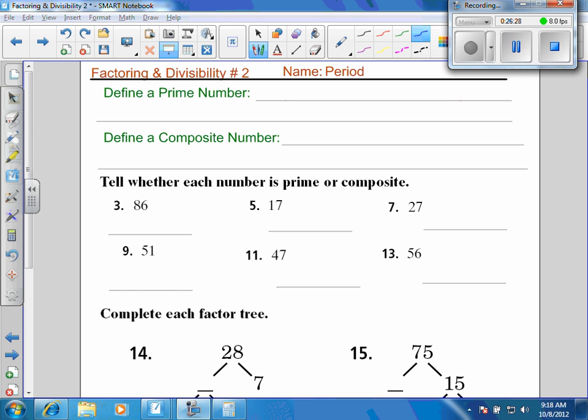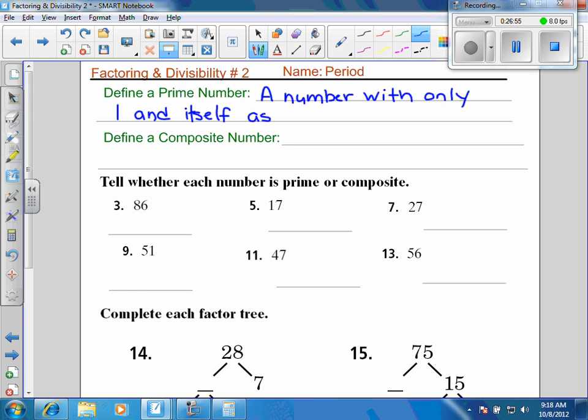So a number whose only factors are 1 and itself. A number with only 1 and itself as factors.